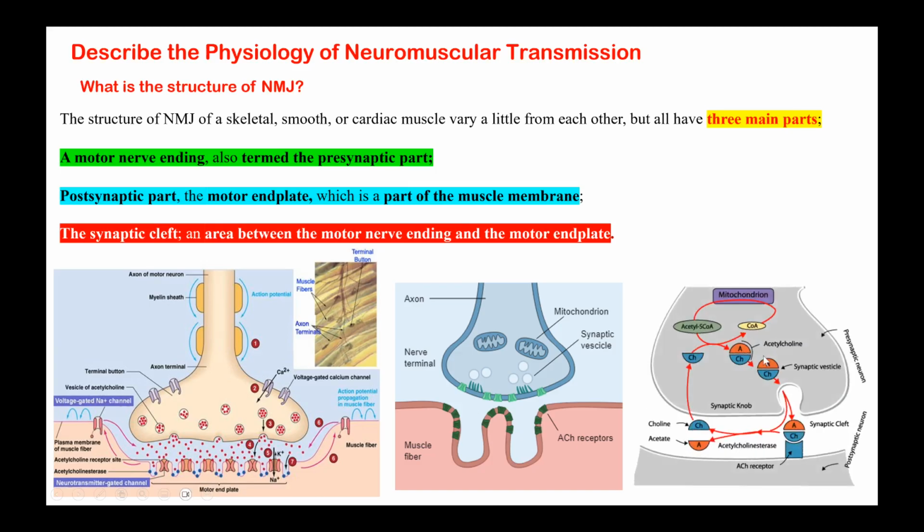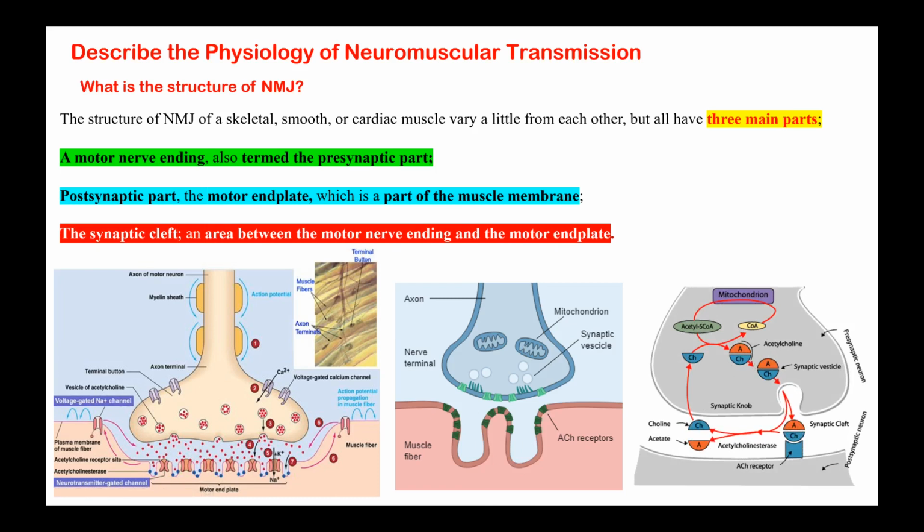And the synthesis of acetylcholine happens using acetyl-CoA, at the mitochondria above the nerve ending. So this mitochondria helps in synthesis of acetylcholine, which is stored there. And how it is released uses the SNARE proteins and things.